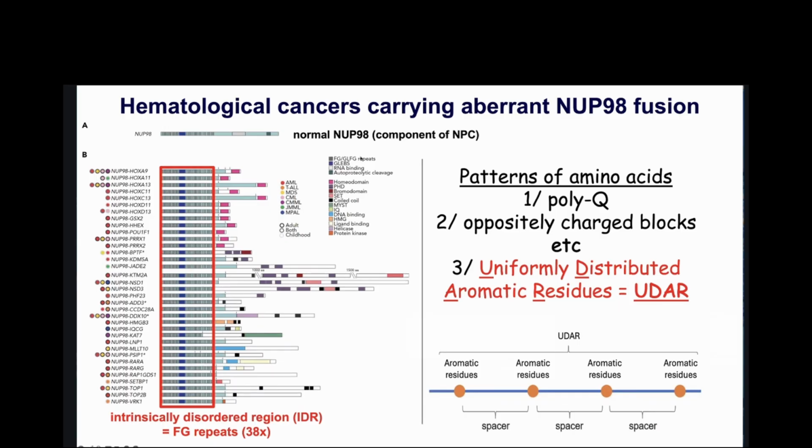For this particular IDR within the nucleoporin, it's different. It essentially has a number of hydrophobic and aromatic residues spread out across this region, about 500 amino acids. And we call them uniformly distributed aromatic residues, or UDA. I'm going to come back to this later in my summary slides.